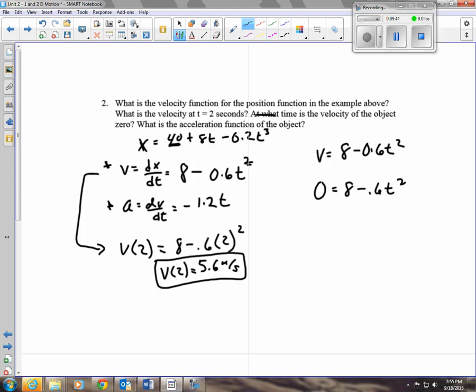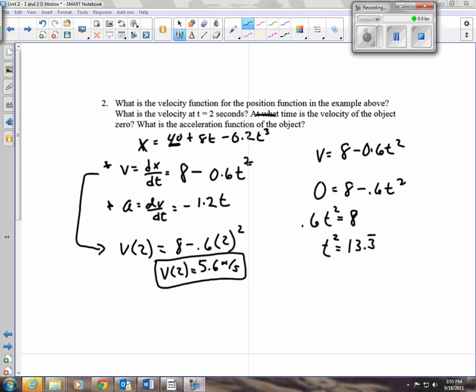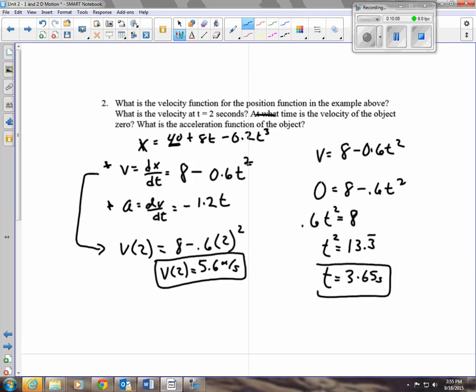So if I bring the 0.6 t squared over to the other side, 0.6 t squared equals 8. Divide by 0.6, and I get t squared equals 13.3. And if I take the square root of that, I get that the t is 3.65 seconds when the velocity is 0.